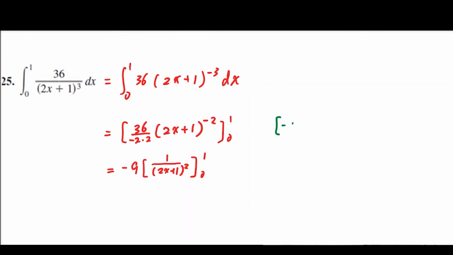See, if you do it this way, what ends up happening is that you plug in 1 here, right? So you have negative 9 times 1 over 9, eh? And minus, and then there's a negative 9, and then you plug in 0 here, so you get 1.